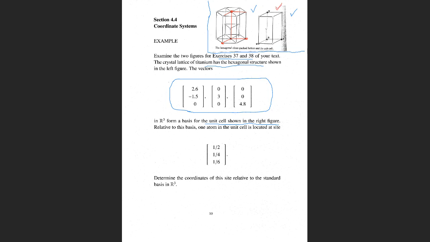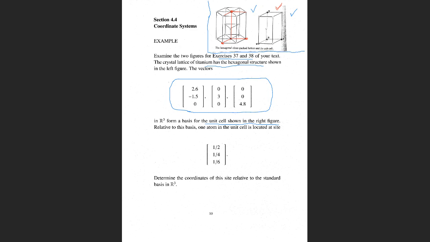And they have these basis vectors U, V, and W, and then there's the origin. And these numbers here are in terms of the standard lengths that you would deal with in R3.